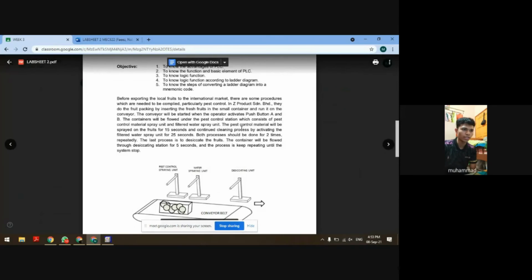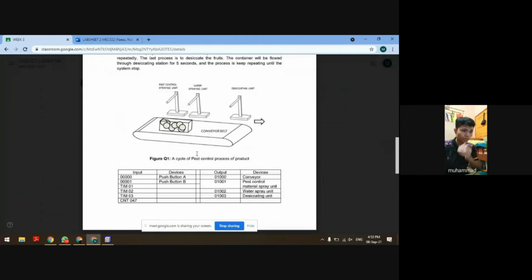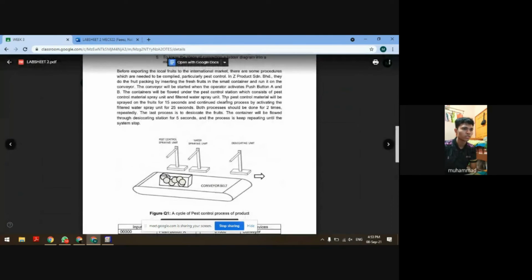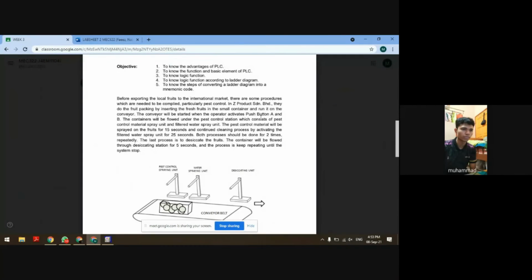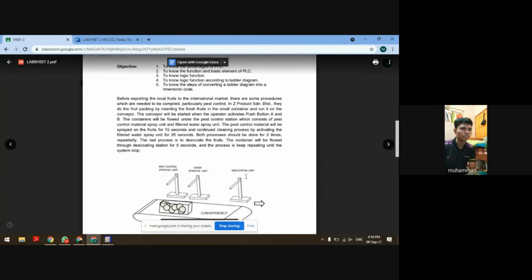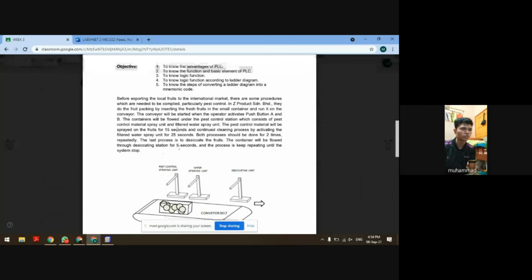The question says that the pest control process can be activated when button A and button B are pushed together, and then the conveyor belt will move the fruit, and the pest control spray unit and the water spray unit will run for the given time, and also the last unit for 5 seconds.